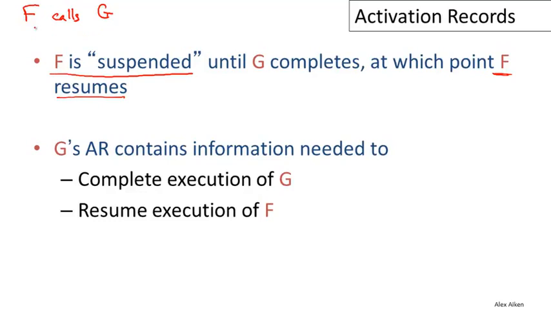And that's again what the activation record is for. G's activation record is going to have information in it that will help us to complete the execution of G. So there'll be some information about G that we just need in order to run G, but also G's activation record is going to have to store whatever we need to be able to resume the execution of procedure F.